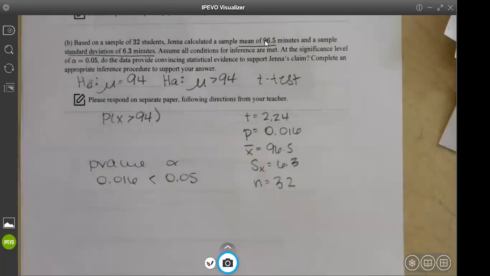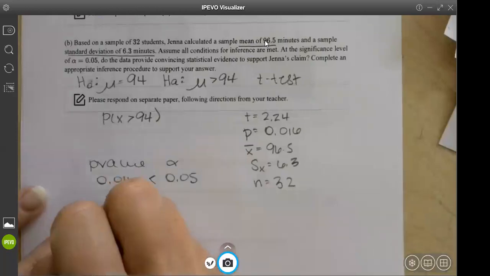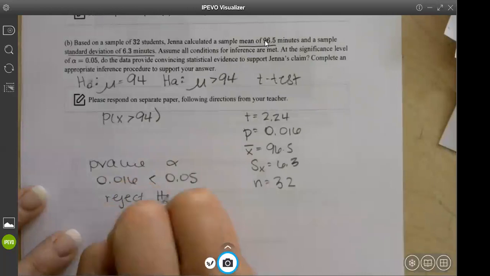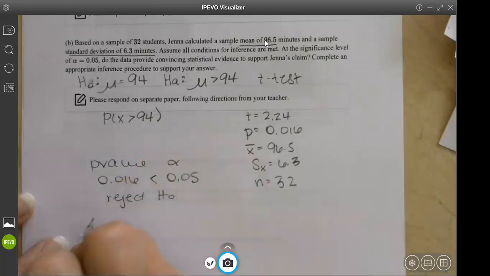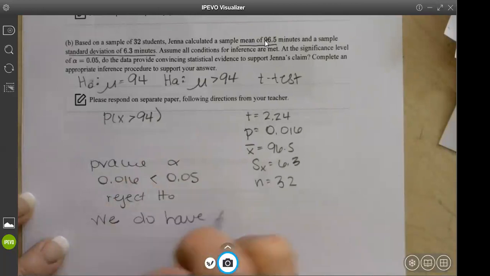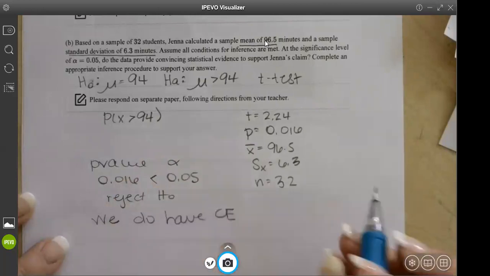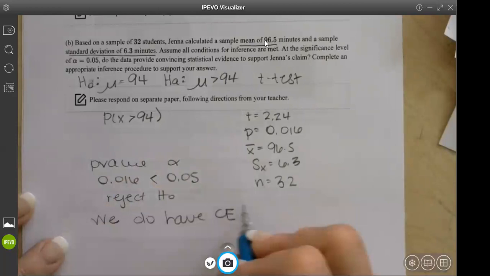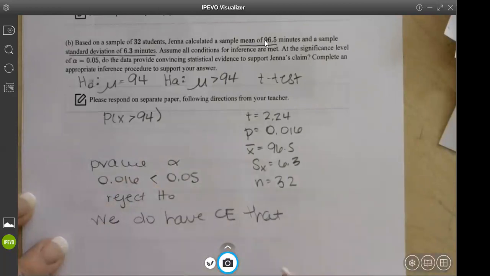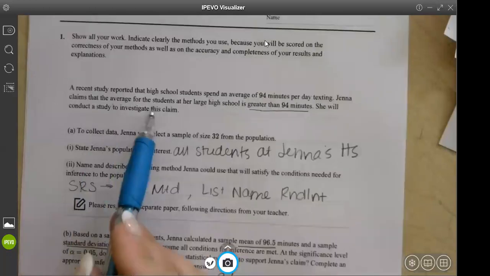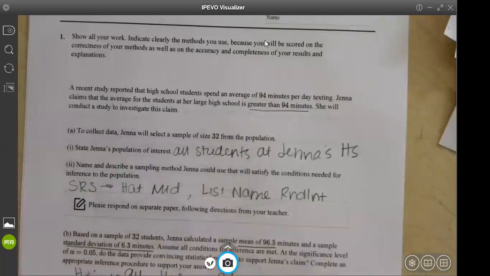What's this mean? Reject H sub O, which gives you what? We do have convincing evidence that the average for the students at her large high school is greater than 94 minutes, the average minutes per day of texting.